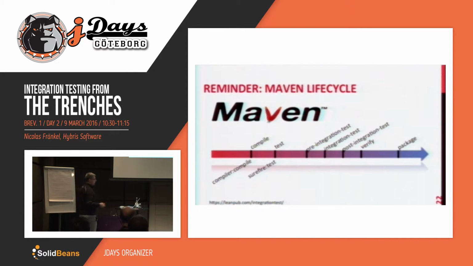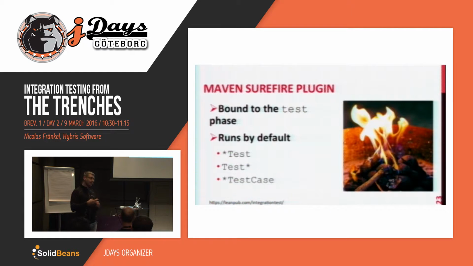What's Surefire? Basically, it's bound to the test phase, and by default, it will run every test case that is located in src/test/java or Kotlin or whatever is configured. And if it ends with Test, starts with Test, or ends with TestCase.